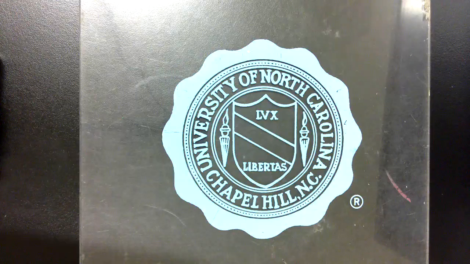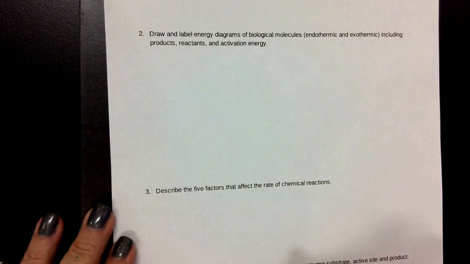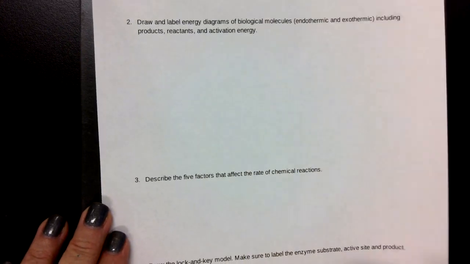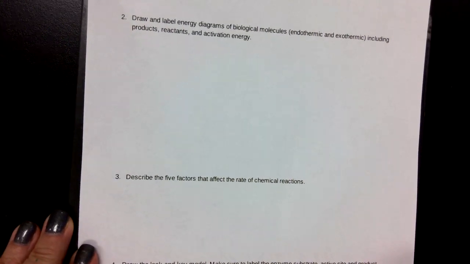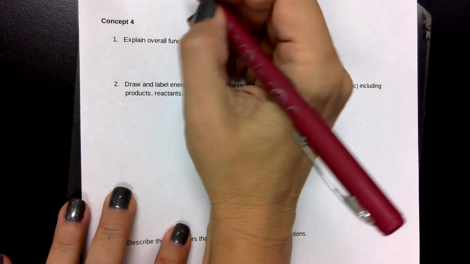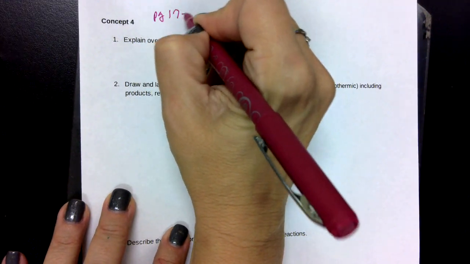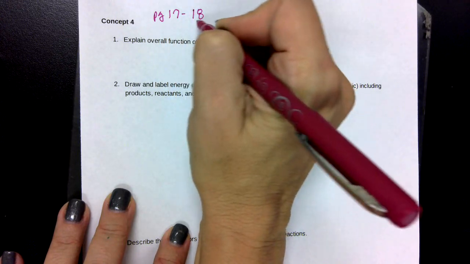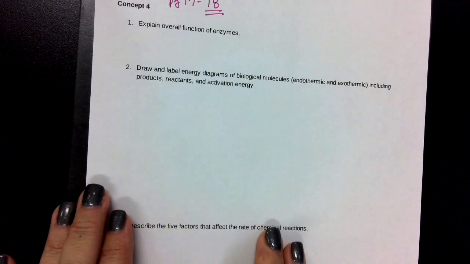Now, I'm going to give you a few minutes to work on concept 4. There are 4 questions here. This is on enzymes, so that's going to be on page 17 and 18, because we had a set of notes. So pages 17 and 18, probably more 18 than 17.